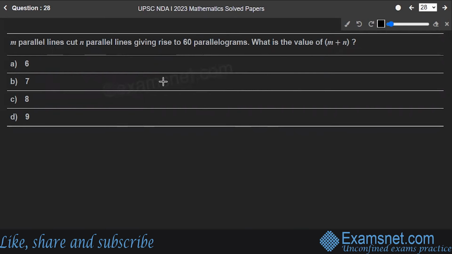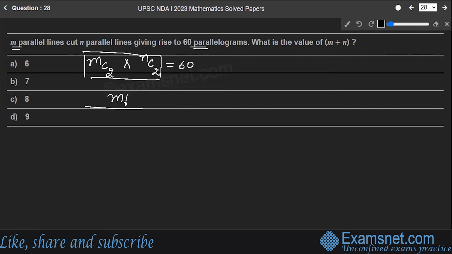Okay, so in this question, in how many ways can two lines be picked up from m parallel lines? It's given by mC2. Similarly, nC2 will represent in how many ways I can pick up two parallel lines from n parallel lines. This combination gives rise to 60 parallelograms, right?